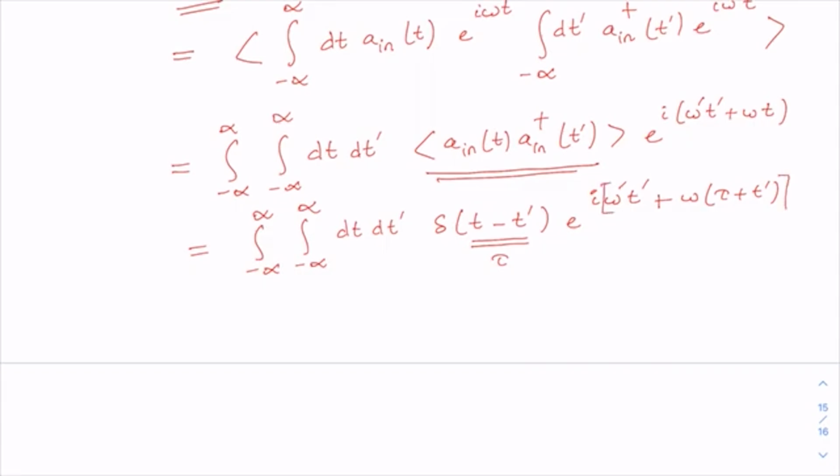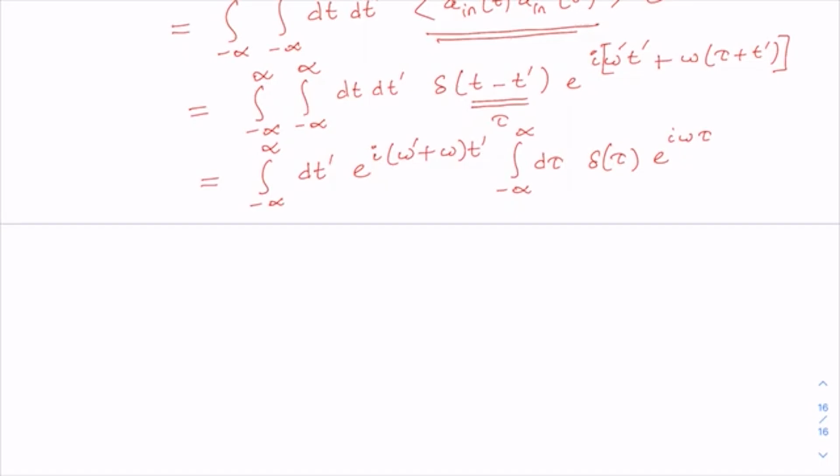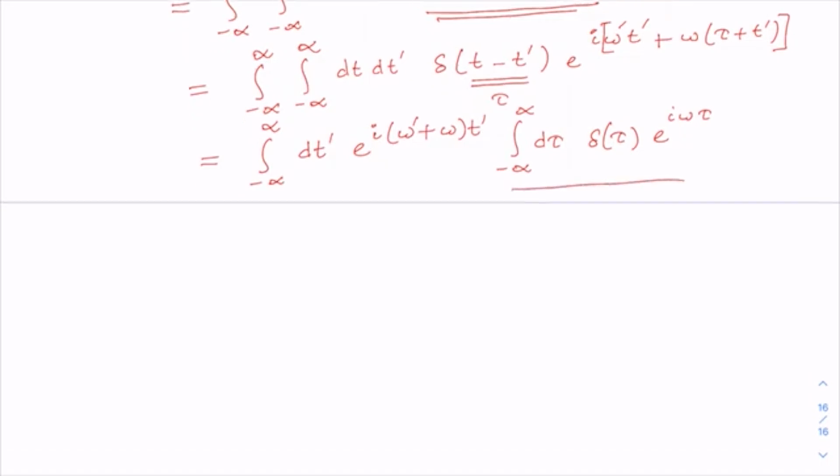Using this, next I can write the integral from minus infinity to plus infinity dt dash e to the power I omega dash plus omega t dash, and the integral from minus infinity to plus infinity d tau delta tau e to the power I omega tau. And then this is the delta function.